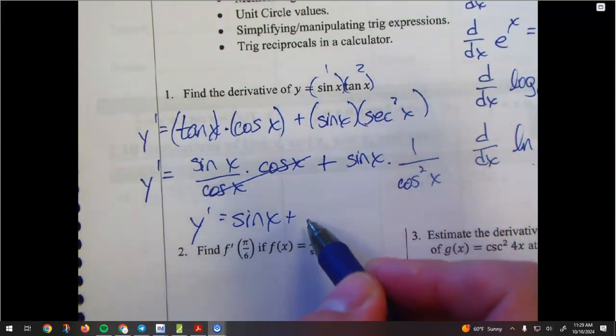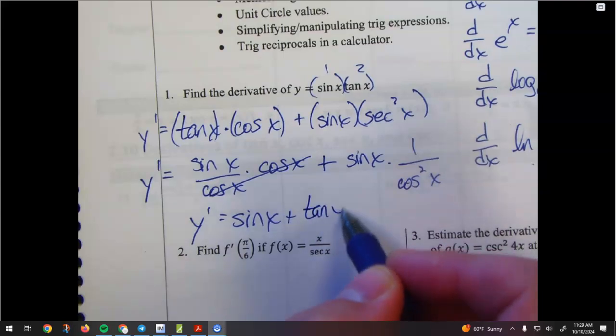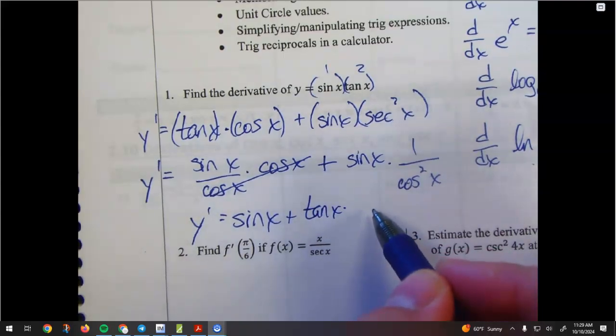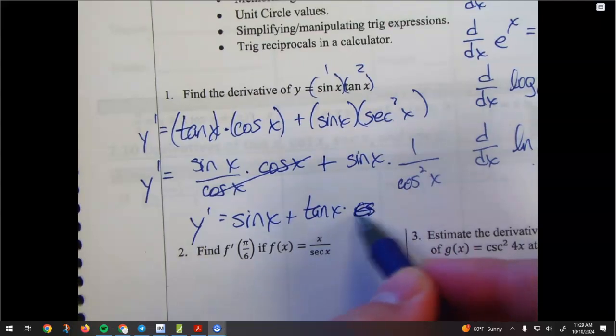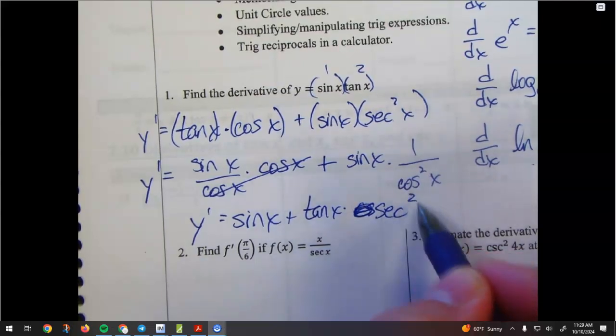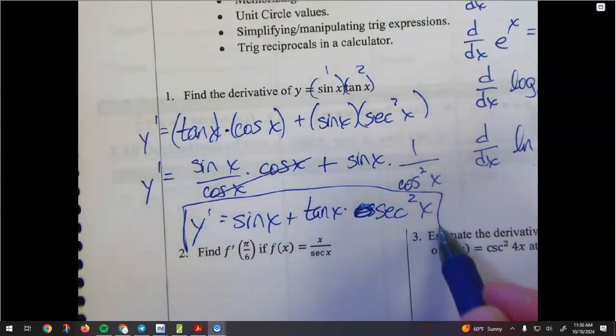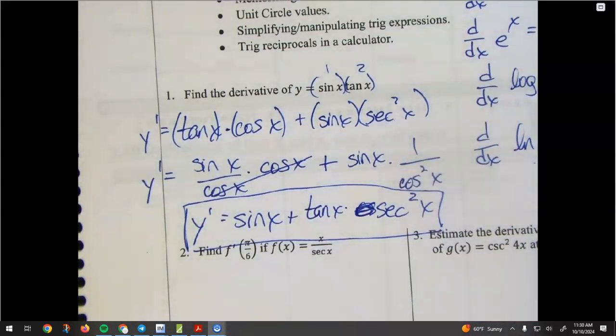So I can see them writing their answer like this. So see if you can follow where I'm getting this from. Again, you wouldn't be responsible for doing that, but you might have to match up.